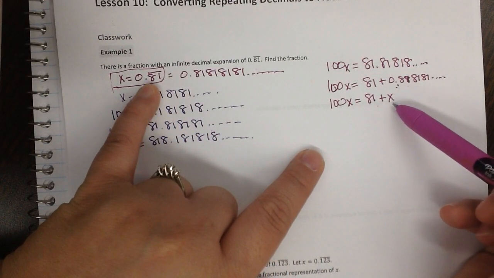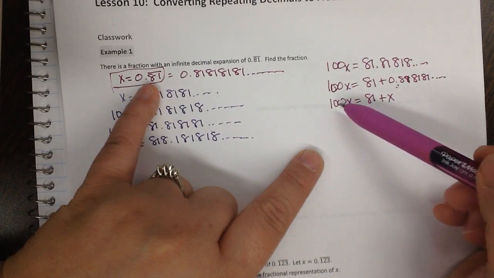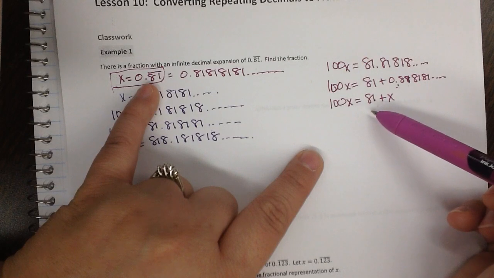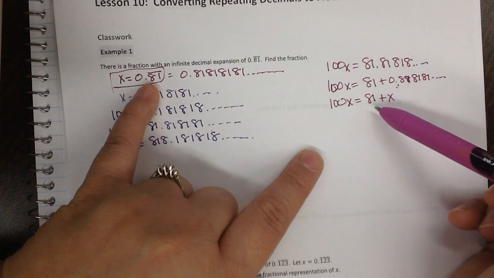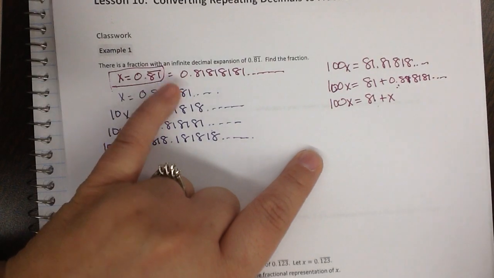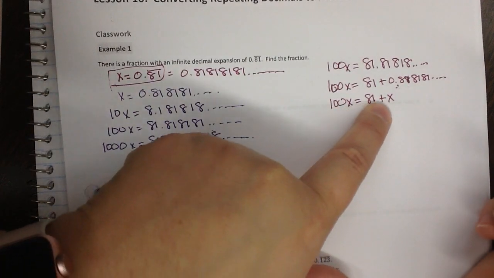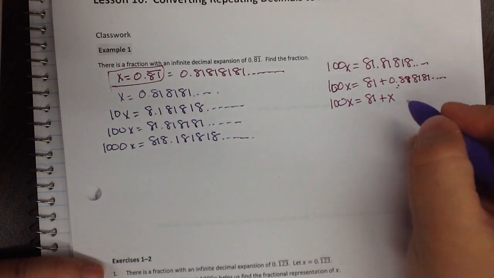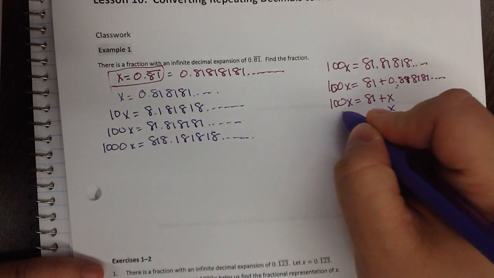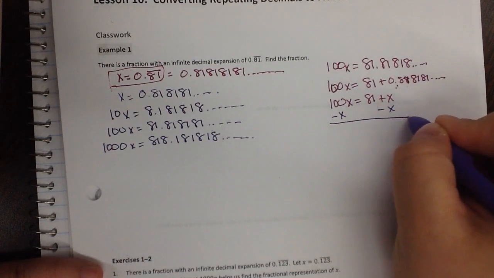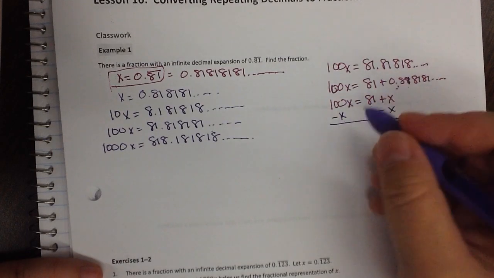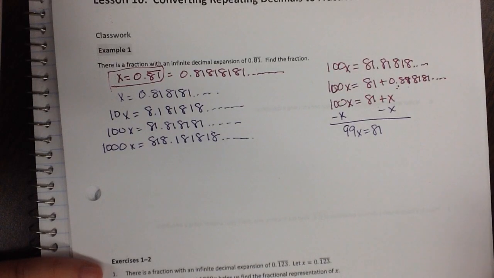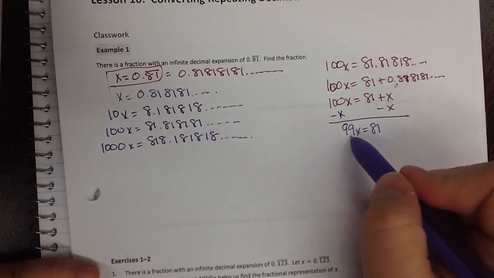So now we have an equation that we can work to solve for a variable. I have 100x equals 81 plus x. Well, I want to get the x's on the same side, so I'm going to subtract x from the right and the left. 100x minus x is 99x equals 81. Now we want to get x by itself.